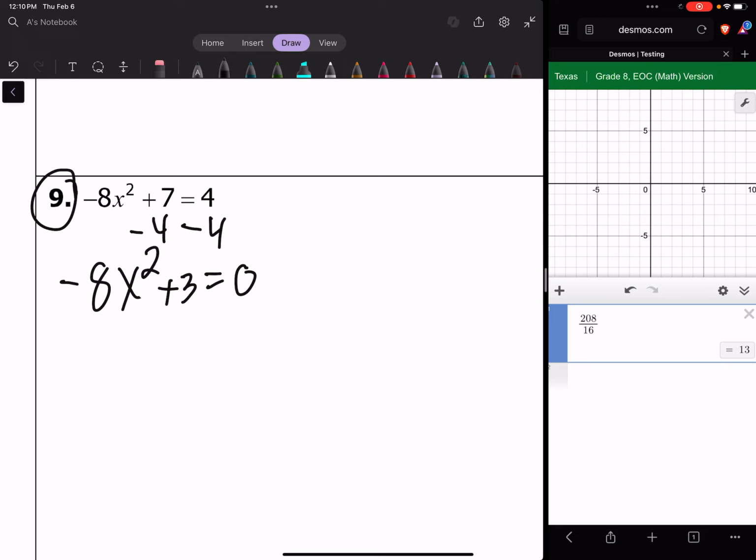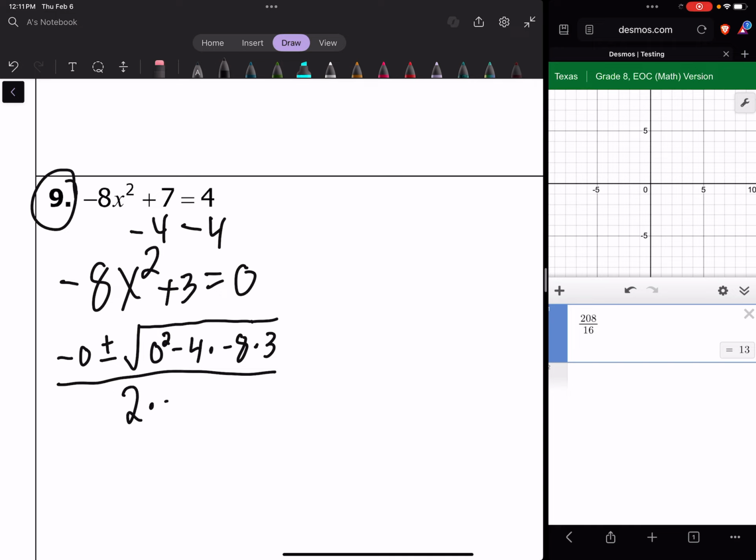If I use the formula x is equal to negative b, that's negative 0, plus or minus the square root, b squared, minus 4 times a times c, all over my 2a. Well, this is plus minus because the 0 will disappear. Negative 4 times negative 8 is positive 32, times 3 is 96, over negative 16.